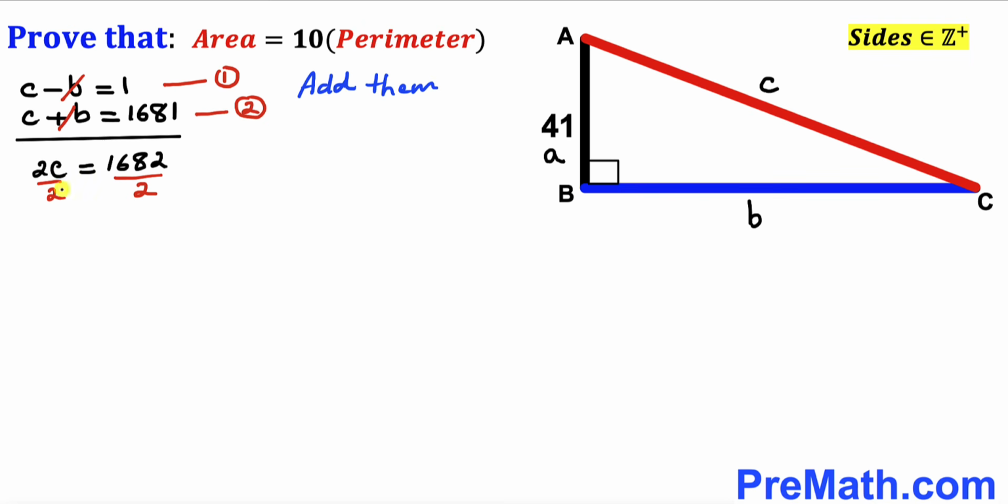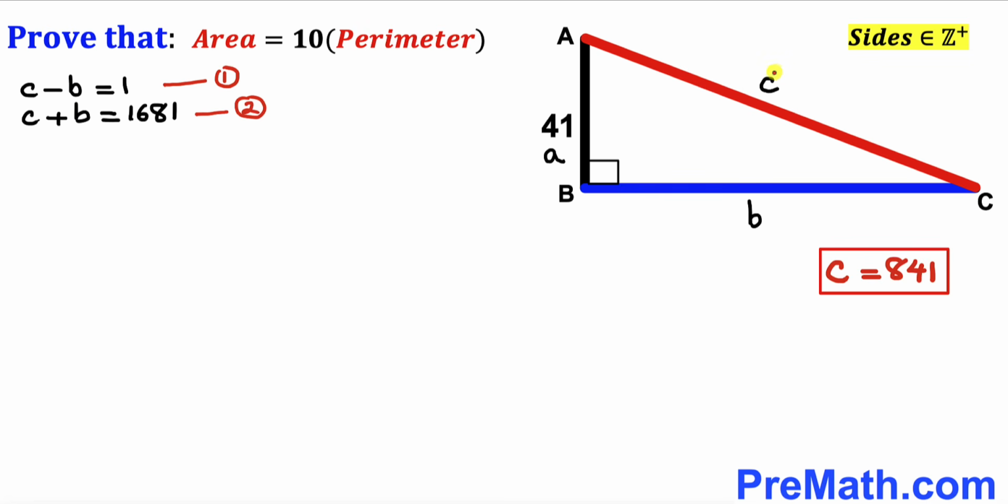Here we can see 2 and 2 are gone, so our c value simply turns out to be 841. Thus our hypotenuse c value turns out to be 841.